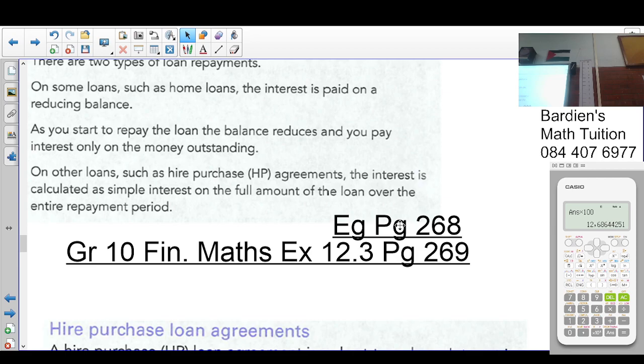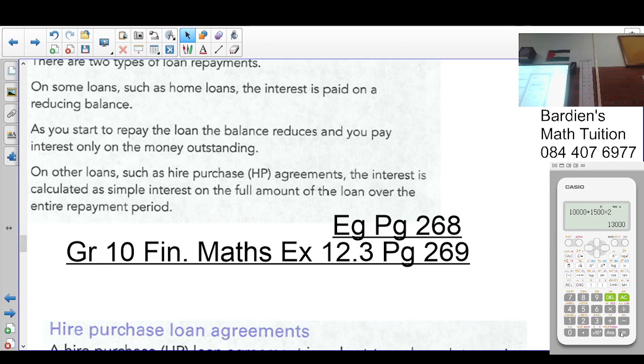And say the fridge is 10,000, and the interest on that is 1,500 per year. Now, if you agree to pay that fridge over a period of 2 years, it's 10,000 plus 1,500 per year for 2 years. So in other words, you need to pay back 13,000 rand in total.